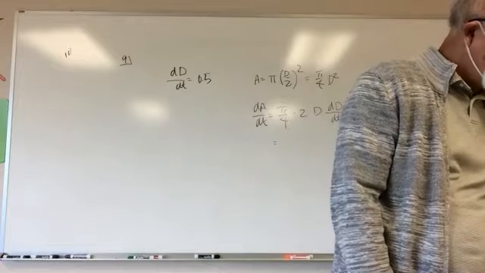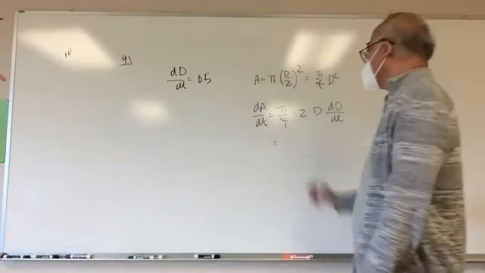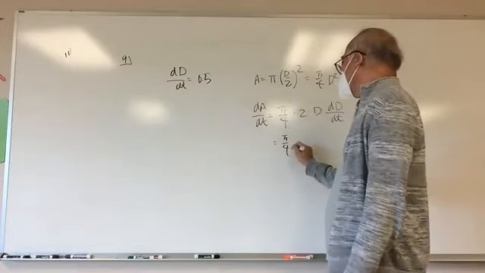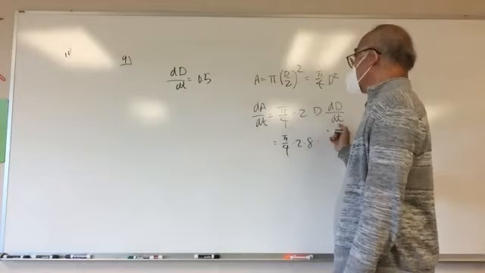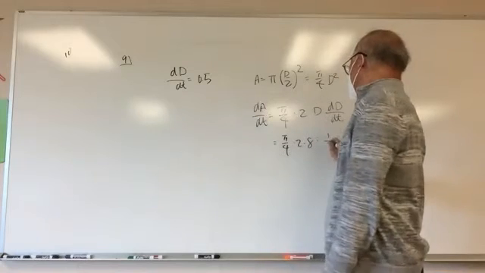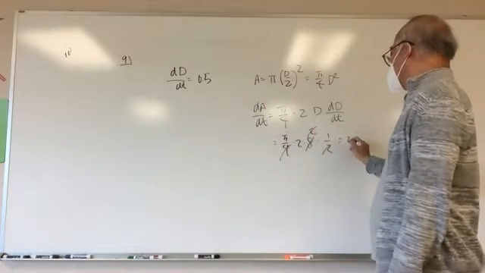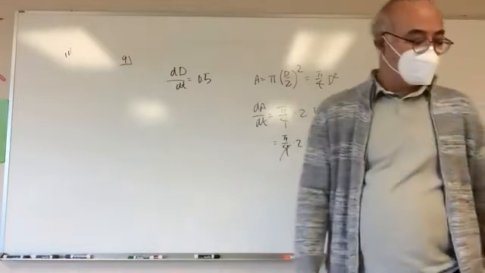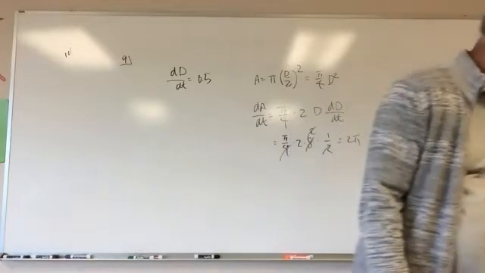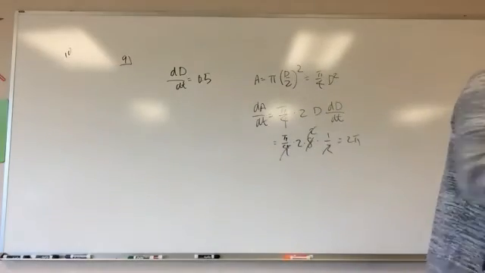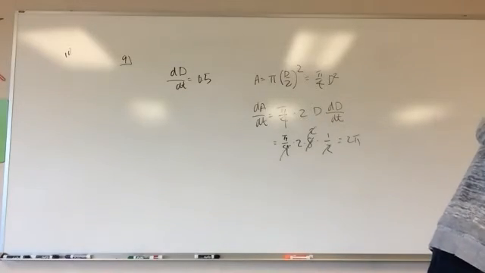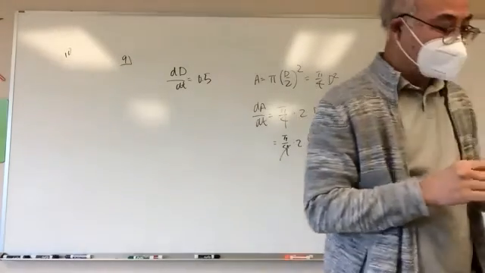Oh, when the diameter is 8. Pi over 4 times 2 times 8. This guy was given to us as 1/2. 2 goes away. 2 pi. B? B is correct.